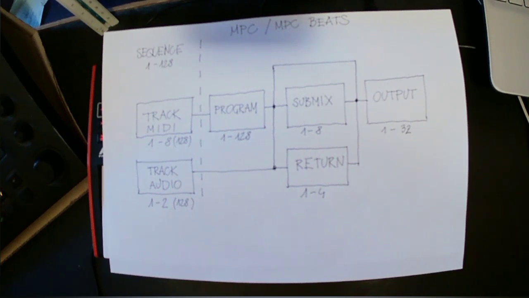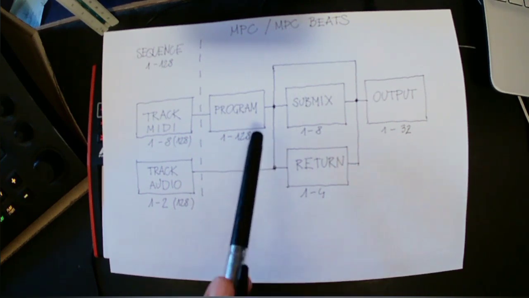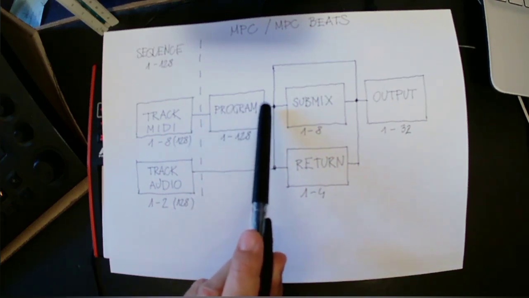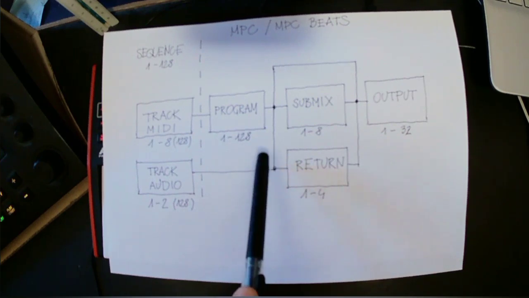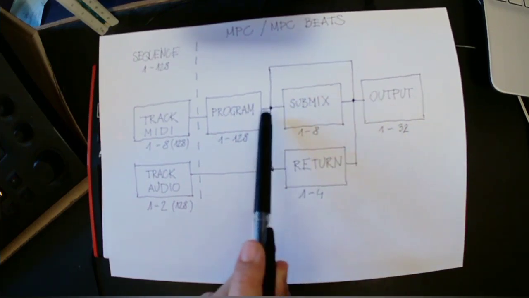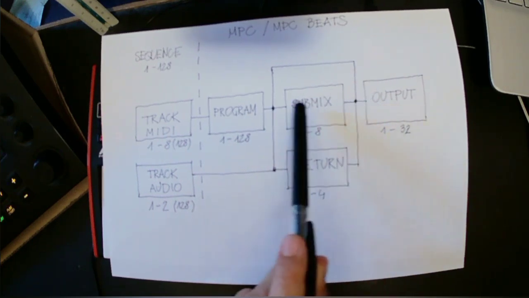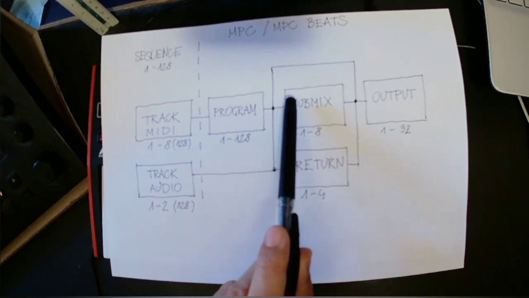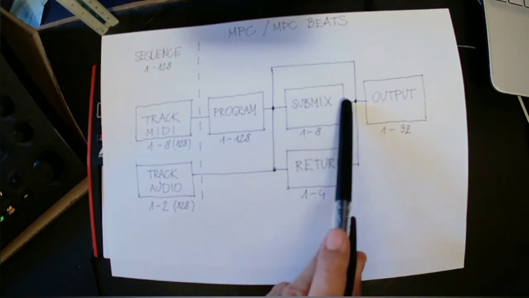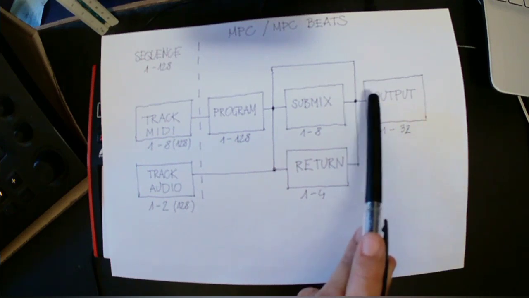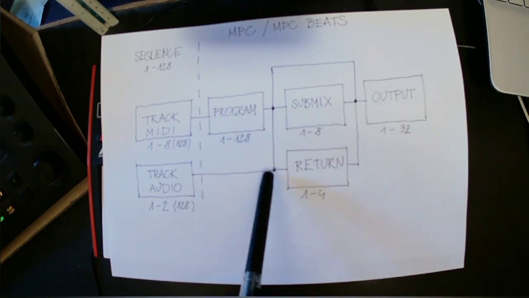What's the difference between return and submix? As you can probably see on this drawing, the sound which goes from the program can go through one of 8 submixes serially, which means that this sound will be completely changed or altered before it reaches output.